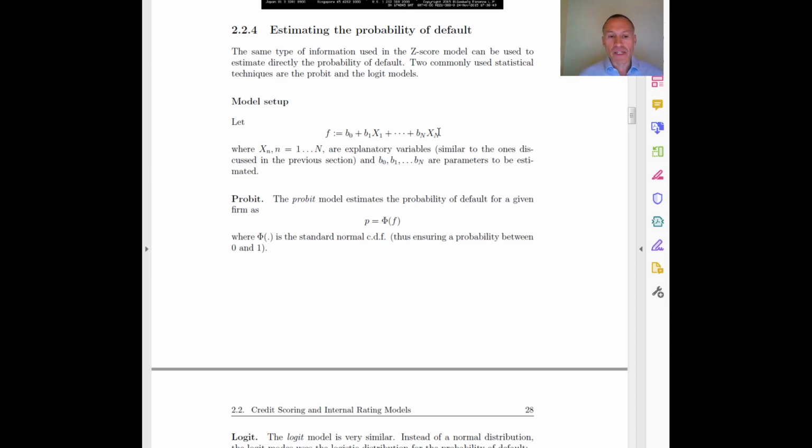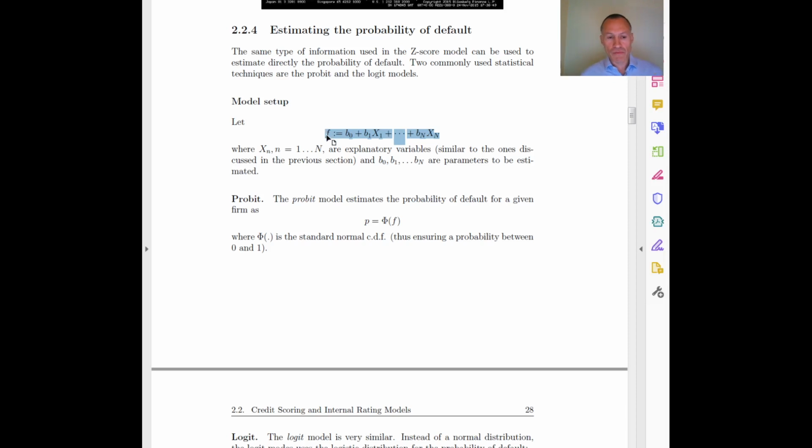Now the problem is, can I just do this and call it a probability of default? Well, the answer is no. If you just use this linear function, there is no guarantee that what comes out is a number between 0 and 1, which is what a probability needs to be.